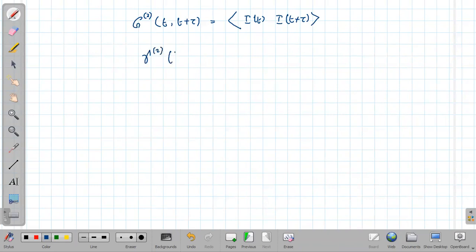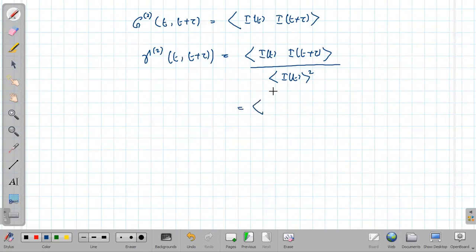And gamma 2 is I of t times I of t plus tau divided by I of t squared.